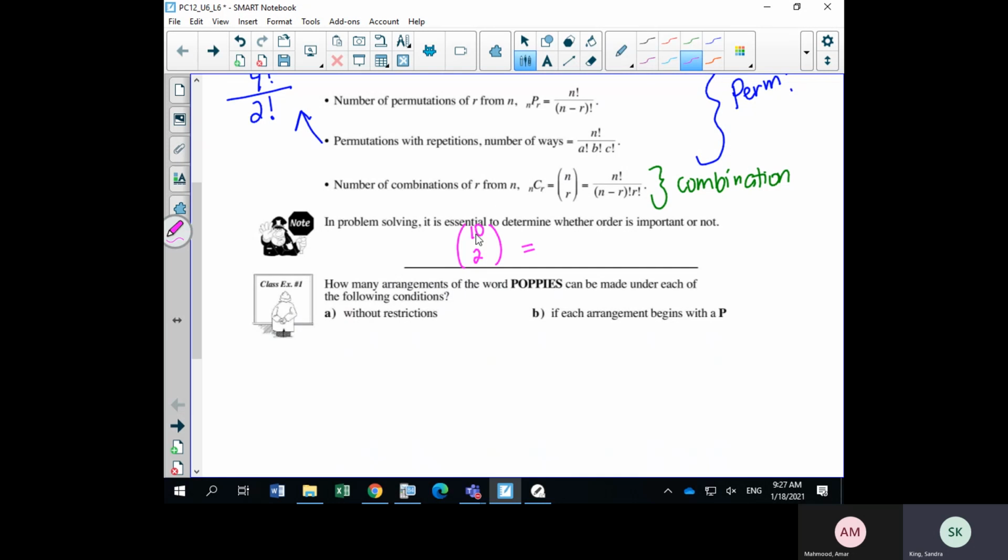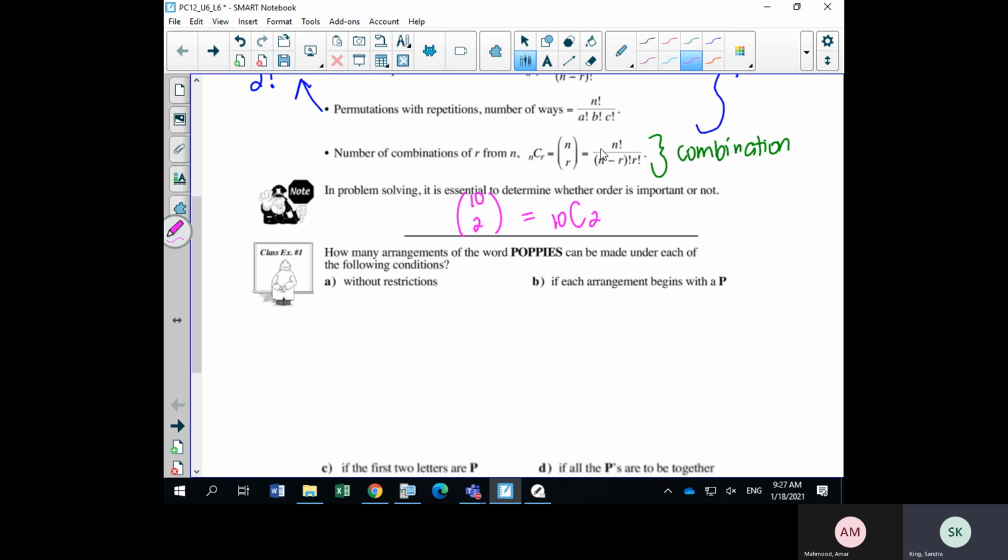The top value is always the n, and this is my r. So I have 10 items, and I'm selecting 2 of those items. So that would be a combination, 10 choose 2. Algebraically, a combination is identical to a permutation, except it has the r factorial in the denominator, but you will be provided with this on your exam and this on your exam. This one is not provided.